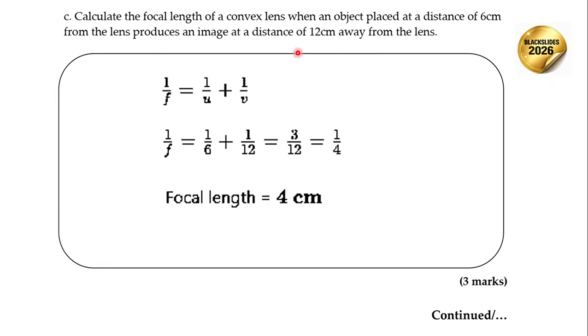Substituting the values, the object distance is 6 and the image distance is 12. So 1 over f is equal to 1 over 4. Therefore, f, which is the focal length, is equal to 4 centimeters.